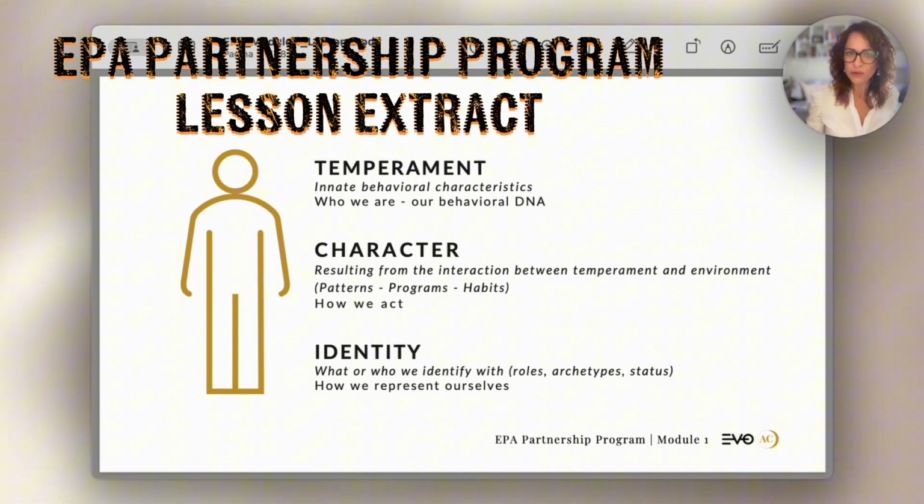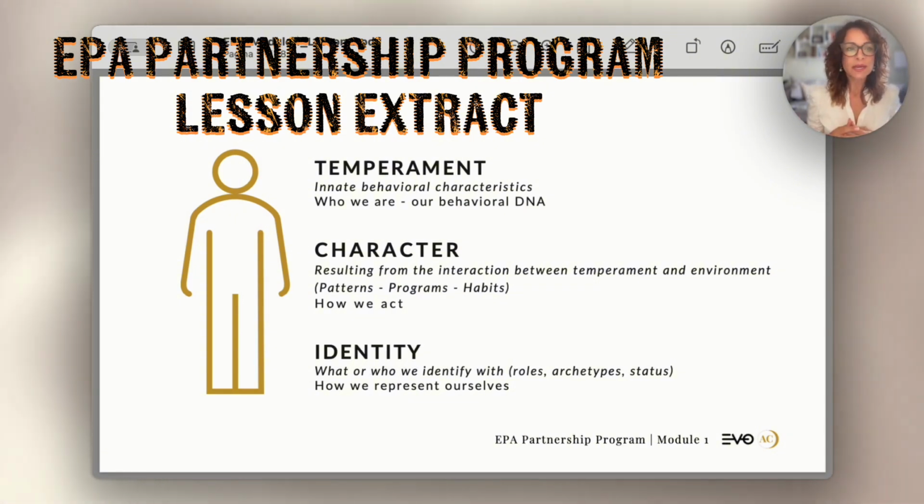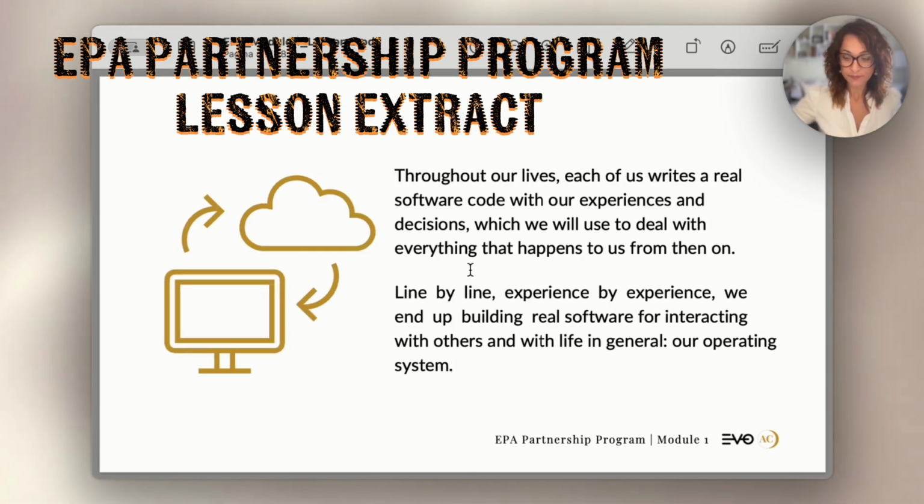And this can be roles, this can be archetypes, professional status. It's how we present ourselves to others, okay? A little bit of ego, if we want to use that word. So the EPA test gives you a window into all 3, but especially into how the middle layer, so the character, has been shaped by both nature and nurture.